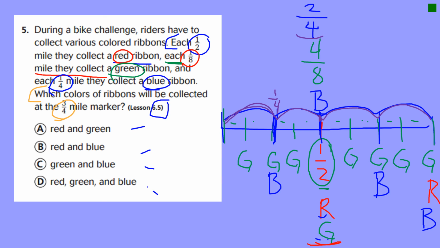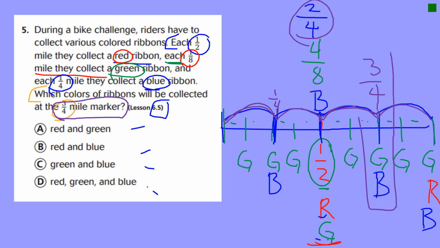That's 2/4. I already put that. Right here, that's 3/4. Oh, what do they get at the 3/4 mile marker, boys and girls? They got green and blue. Is that one of the choices? Yay! They get green and blue.